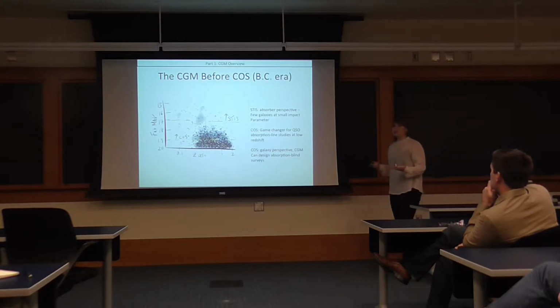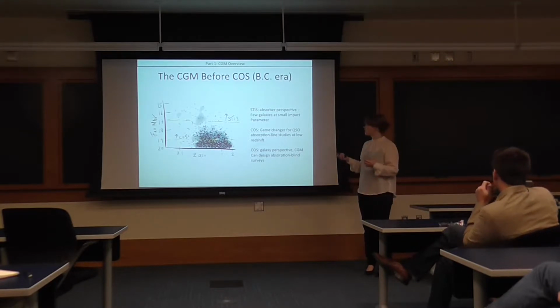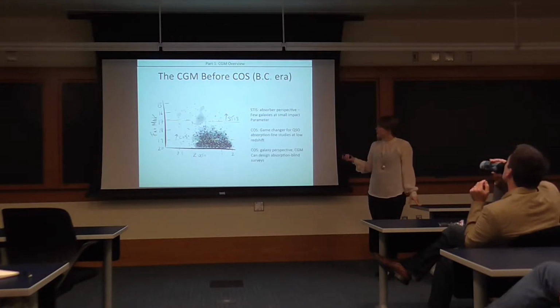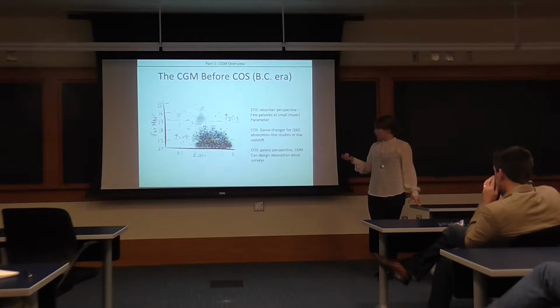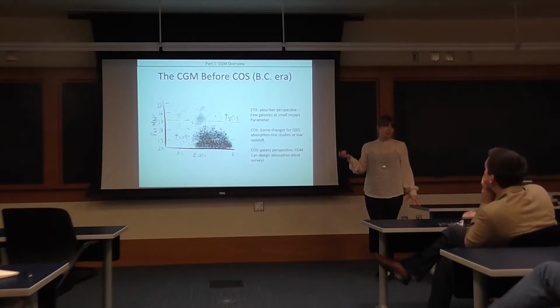One of the reasons that characterizing the circumgalactic medium waited until 2009 and beyond is that with previous generation spectrographs like STIS, you could only look at quasars brighter than a far ultraviolet magnitude of 17. Now COS is about 100 times more sensitive than STIS.